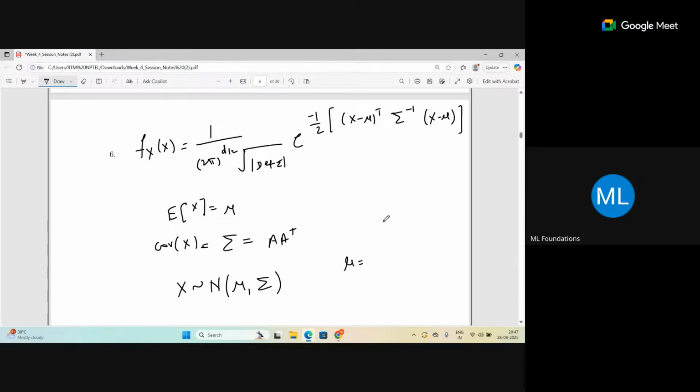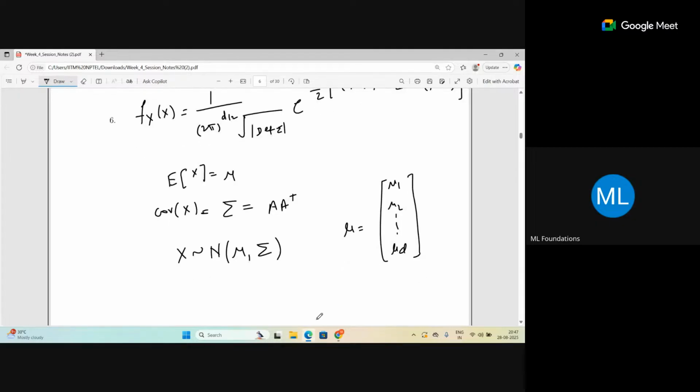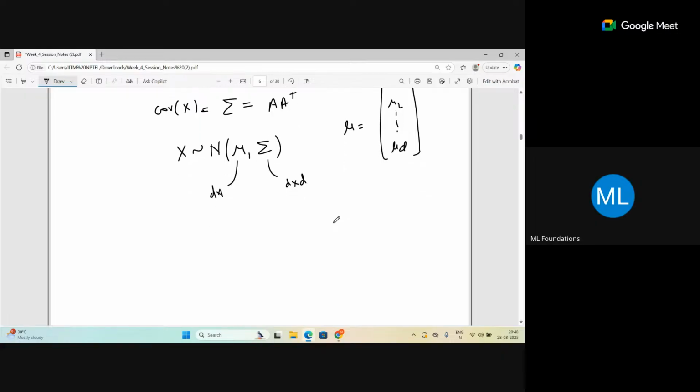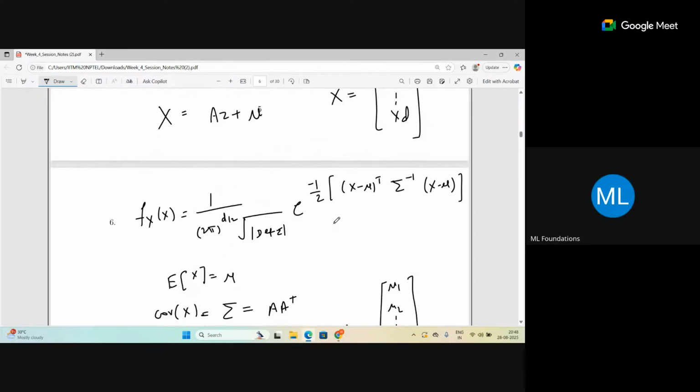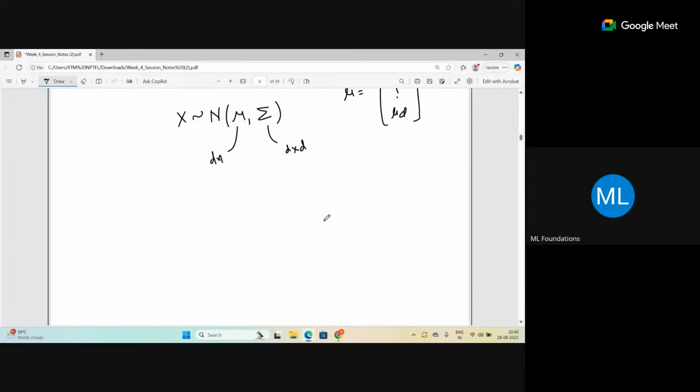It's a vector of values mu1, mu2, up to mu d. I hope this is understandable. So mu is a d cross 1 vector, and the covariance matrix is a d cross d matrix. Based on this information for the multivariate normal, we have established 3 properties, and I'll write down all the properties.